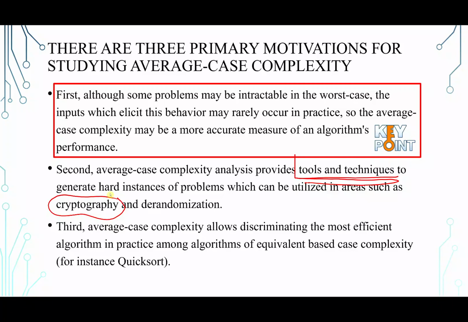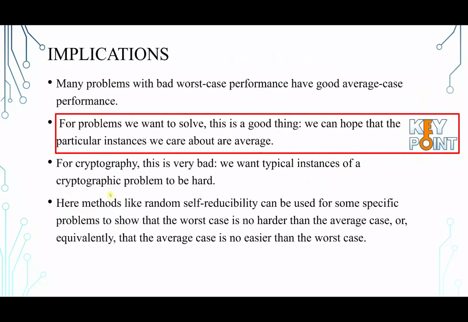Third, average case complexity allows discriminating the most efficient algorithm in practice among algorithms. Sometimes you want to do that because it's going to be equivalent to the best case complexity, like the quicksort. For problems we want to solve, this is a good thing.